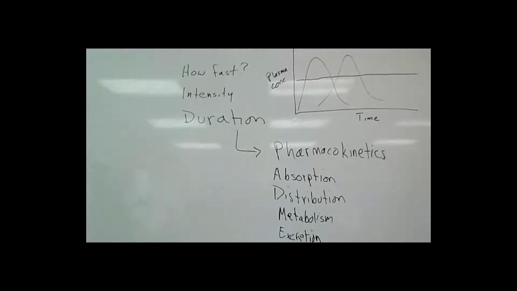So they will end up localizing in different areas, but they pretty much distribute throughout the body. So that's one of the issues with drugs. They don't necessarily go only where we want them to. That's why they have side effects, because they can affect other tissues as well.